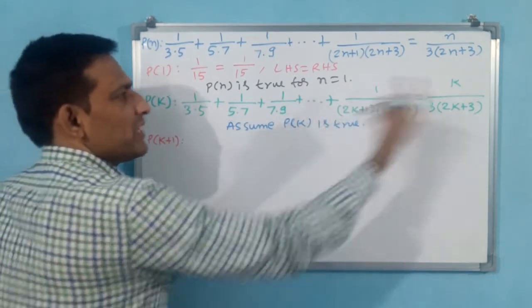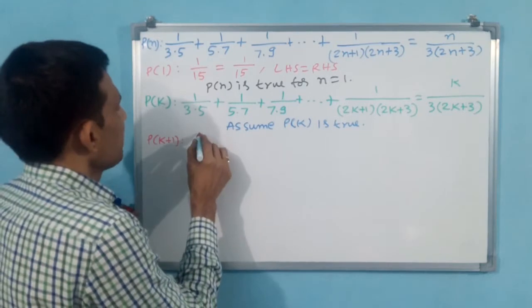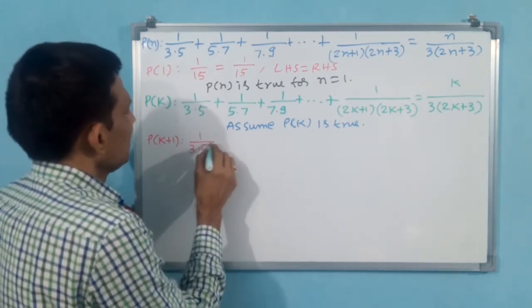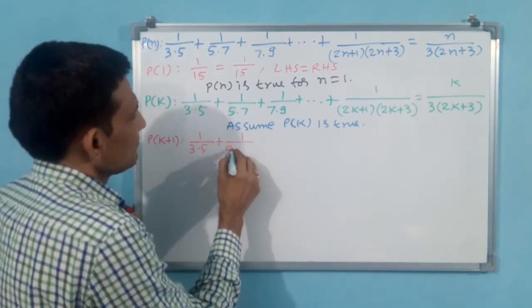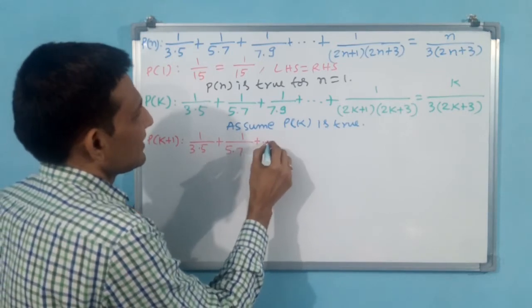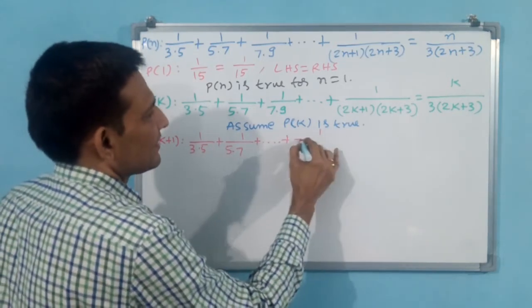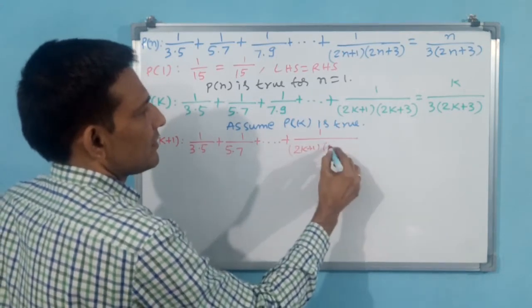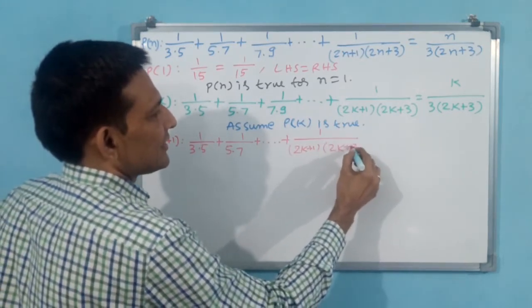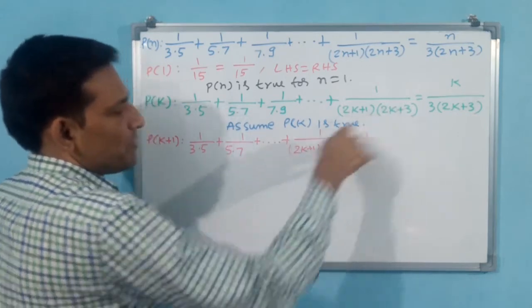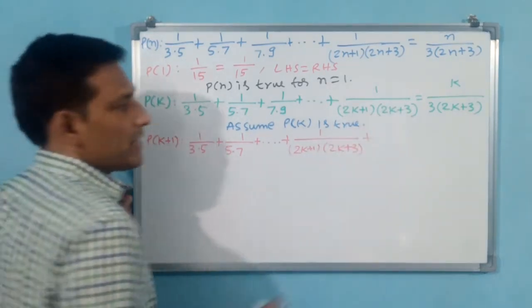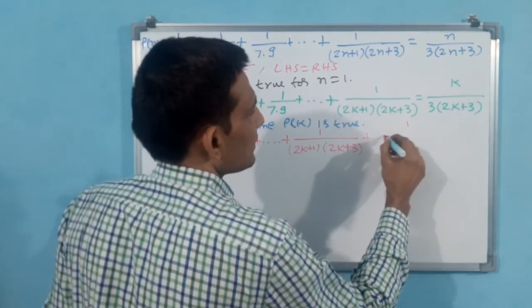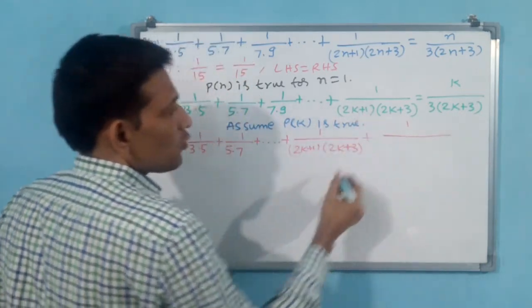You go up to Pk plus 1. First you write Pk. This is up to Pk. Now here carefully you write P of k plus 1. 2k plus 1 is there.